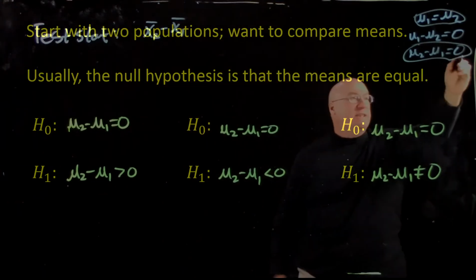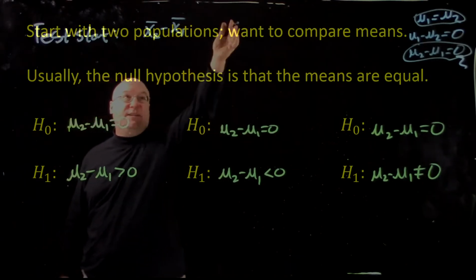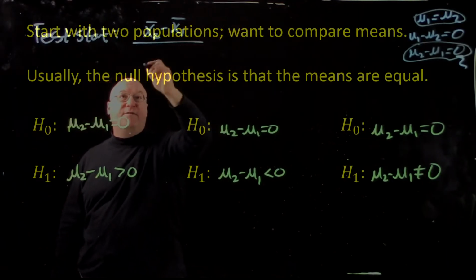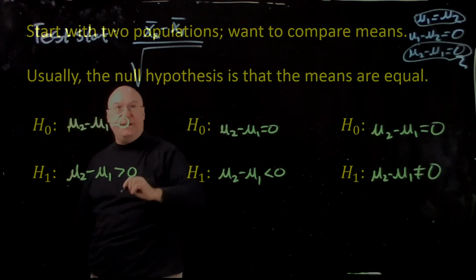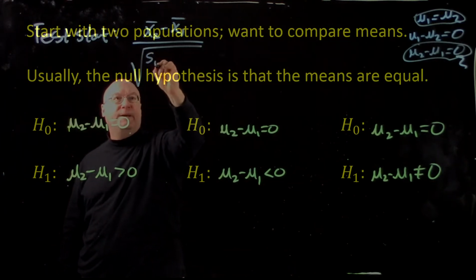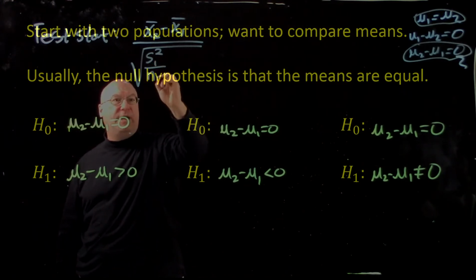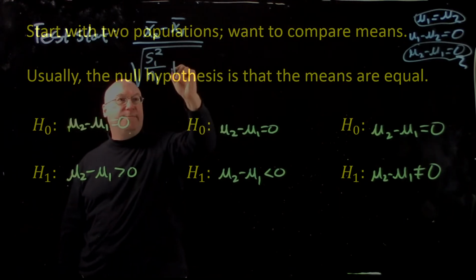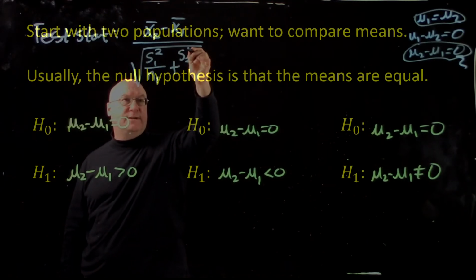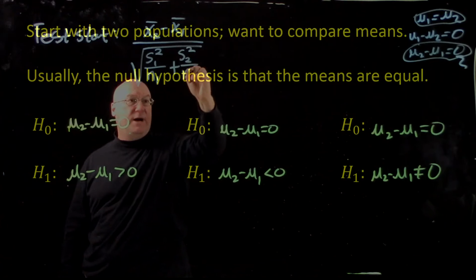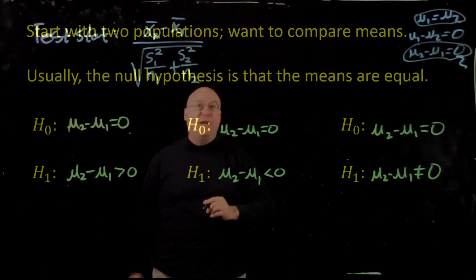We're going to say that that's what our null hypothesis is, right? Here, here, and here. So I'm minus 0, so I don't have to put anything, divided by the square root of the first sample standard deviation squared divided by the first sample size plus the second sample standard deviation squared divided by the second sample size, all right?